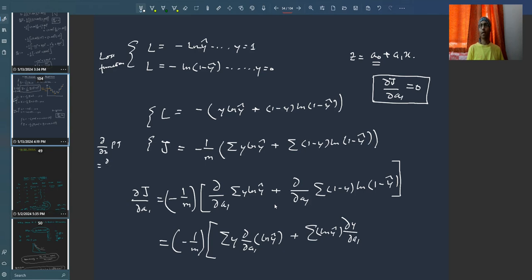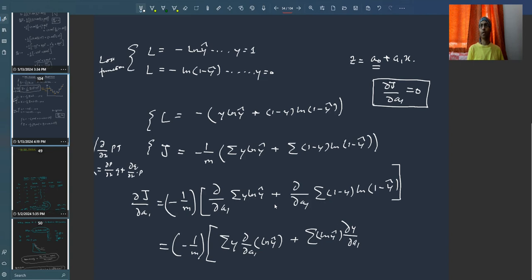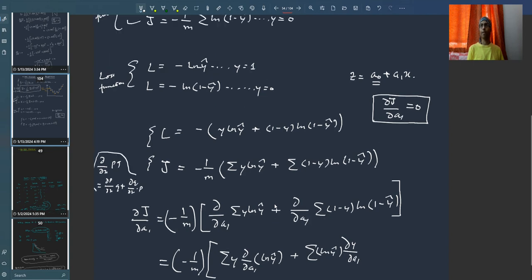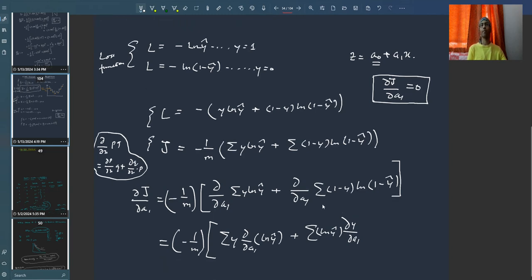This becomes del p by del x into q plus del q by del x into p. This is basically how the expression goes, and we have used the same format here also. We have kept one constant and differentiated the other alternately. In the second expression also we'll do the same thing.